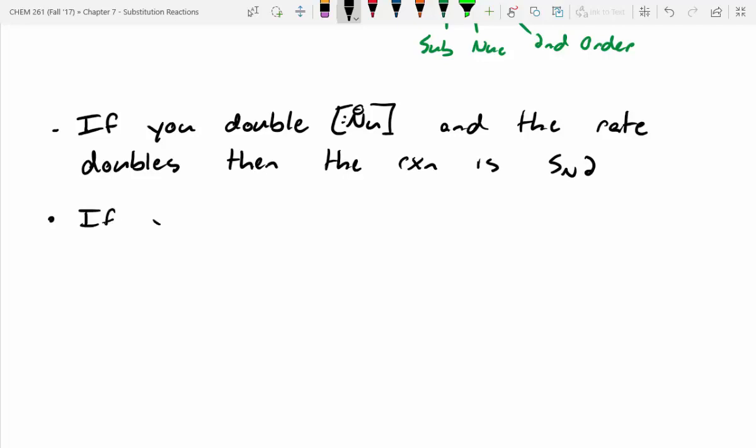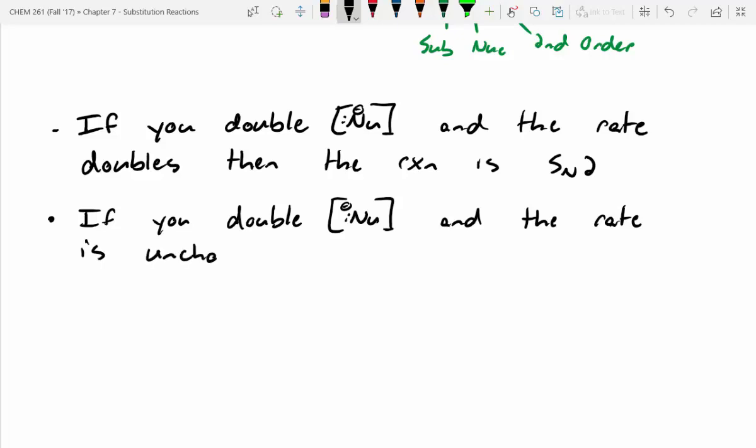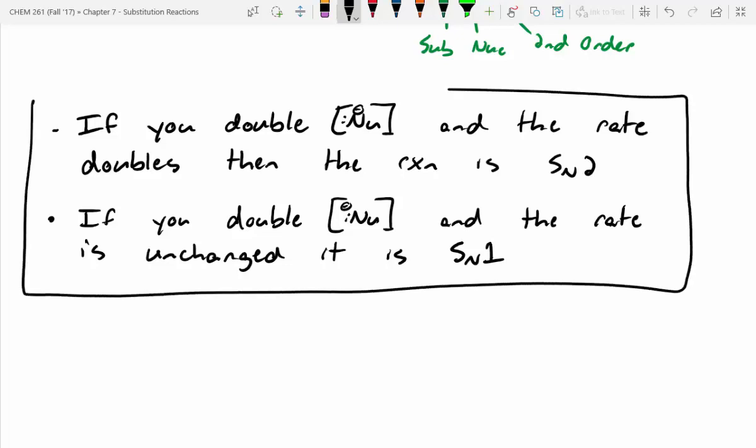And if you double the concentration of your nucleophile, and the rate is unchanged, it is SN1. So this is commonly done in a lab setting because we don't immediately know the reaction pathway until we do these experimental studies. Make sense?